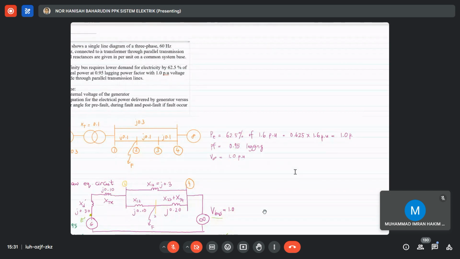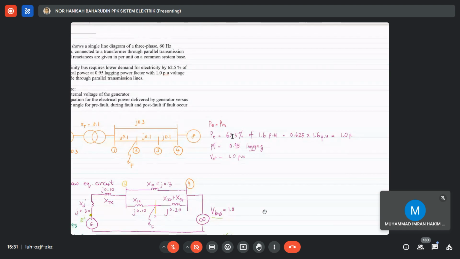Okay, the same question, if I rewrite, instead of giving the information in the picture, I also can rewrite like this. So you know that from this question, what is your PM or PE? Your PM or PE is equal, which is the electrical power equals the mechanical power.